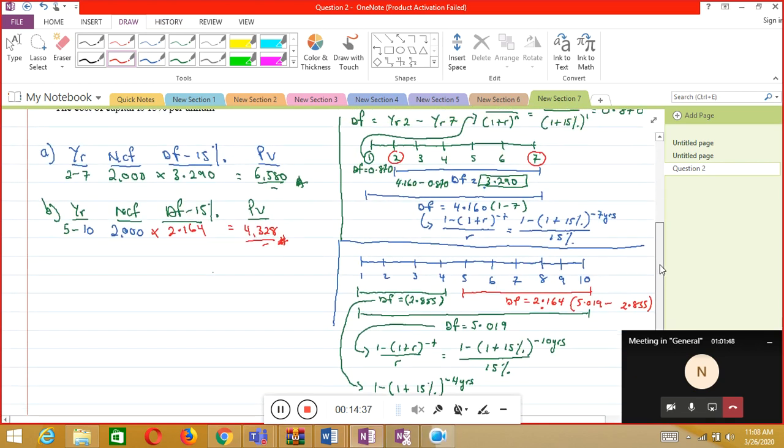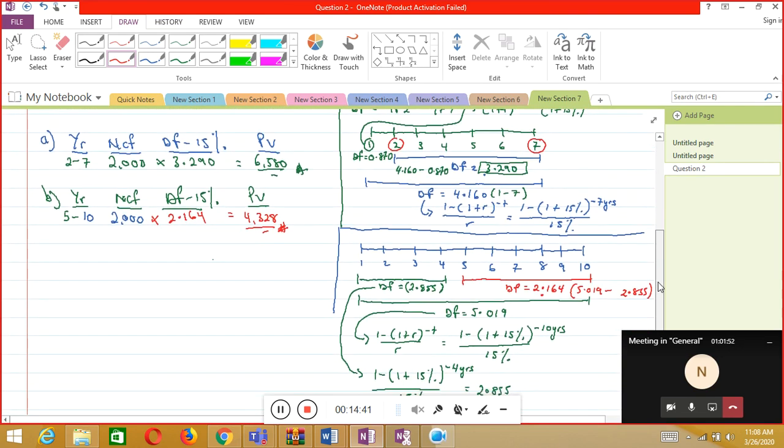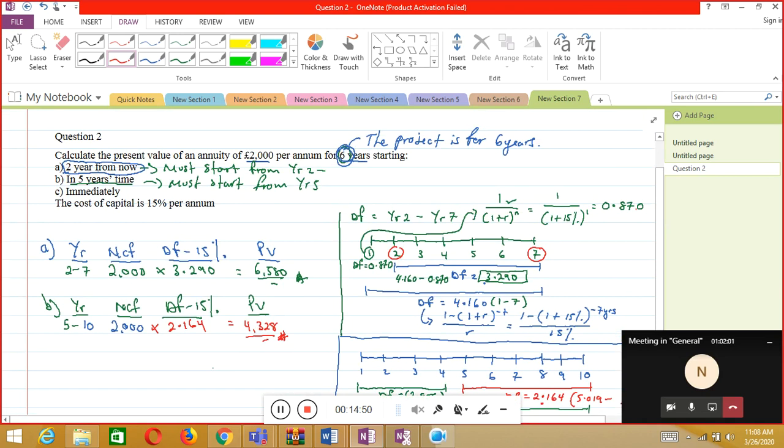So in the exam you need to do this timeline. Don't waste your time unless you are confused, then you can draw this timeline, but this is not necessary. Okay, now so that's for A and B is done. Next, C, immediately. Now whenever they say immediately, that means it's today, that means start from today.